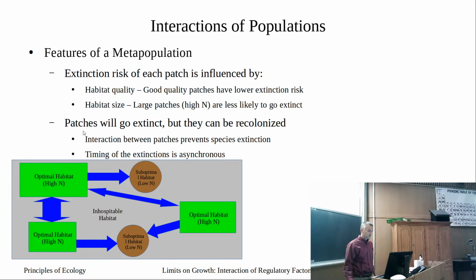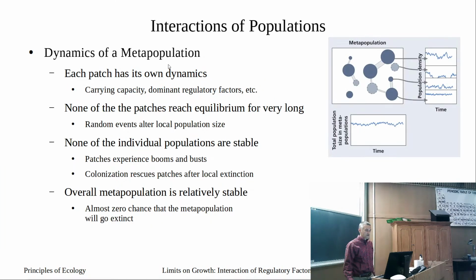The net effect of all of this in a metapopulation is that each patch has its own dynamics. Each patch has its own carrying capacity, its own population growth rate, its own life history characteristics, which we'll start introducing today. And each patch has a very real possibility of going extinct. We will see population crashes, but then those patches will get recovered.